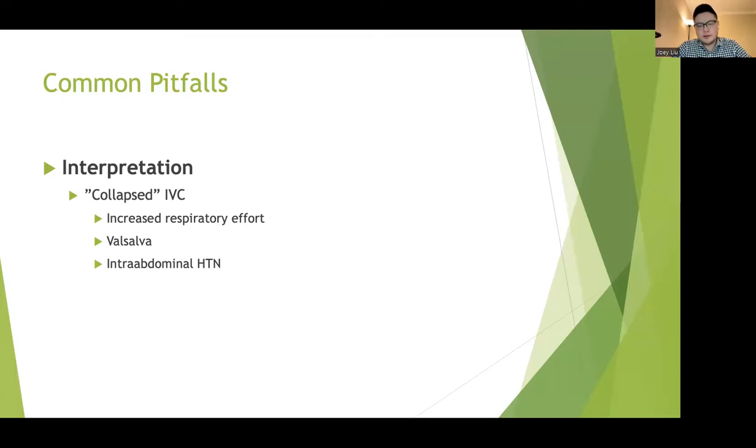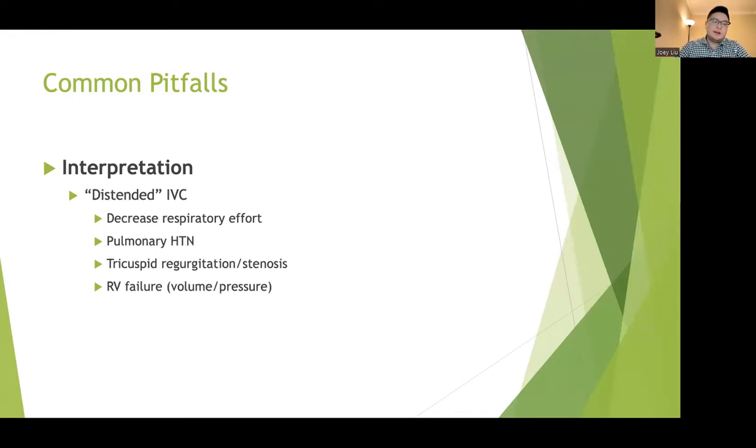Furthermore, things that would cause some pressure on the IVC itself, like performing a Valsalva maneuver or having intra-abdominal hypertension, would also artificially collapse the IVC, make it smaller than what it actually is. On the other hand, things that would make the IVC bigger, this is more so the classic category that could really influence the IVC measurements, would be things that increase the right ventricular pressure.